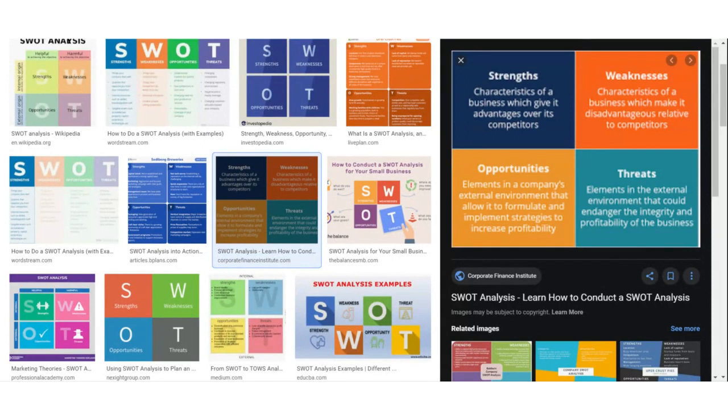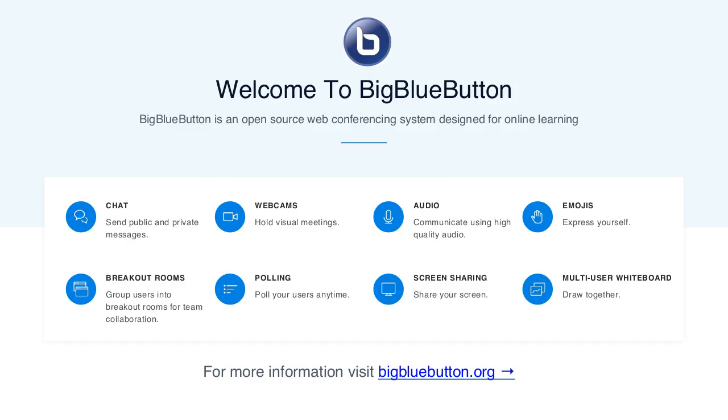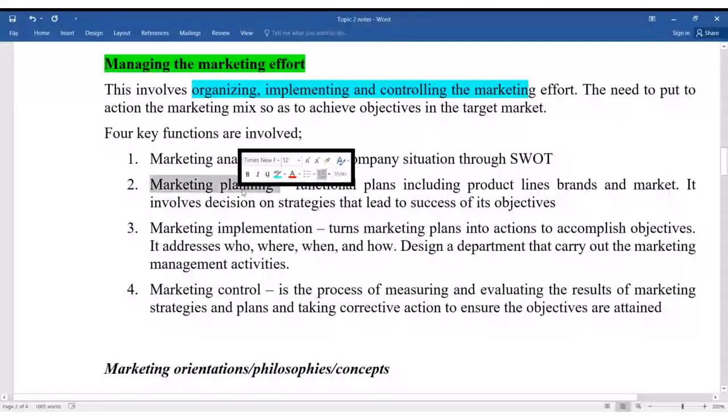The second step we want to look at, let's go back to our notes. Going back to our notes, we can look at the second step, which is planning marketing activities.